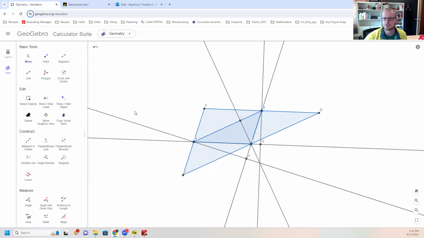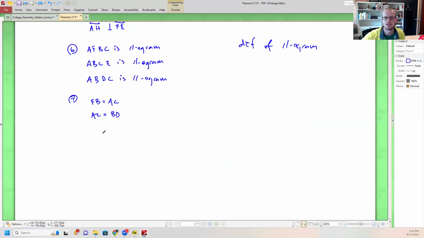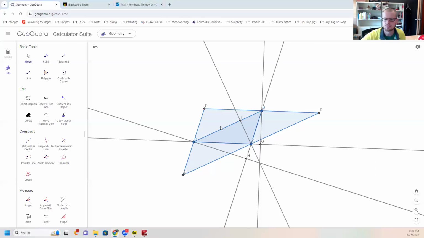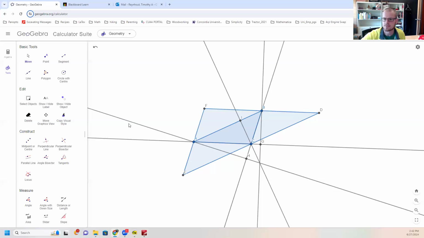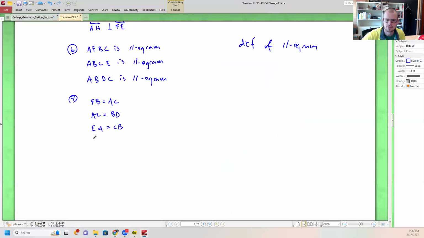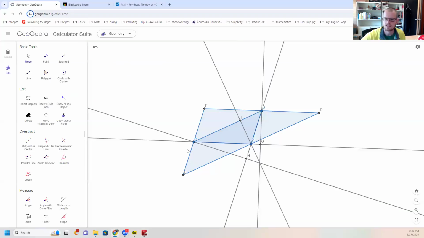Excellent. So the other one that we want is, well, let's just go with this side next. We have that EA is equal to CB, and CB is the same as AF. That gets us EA is equal to AF.